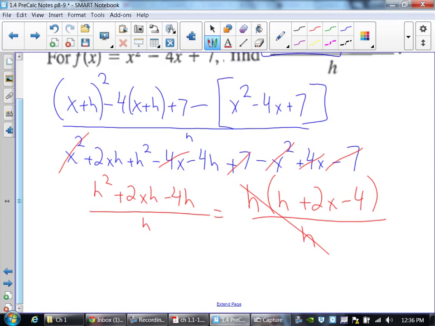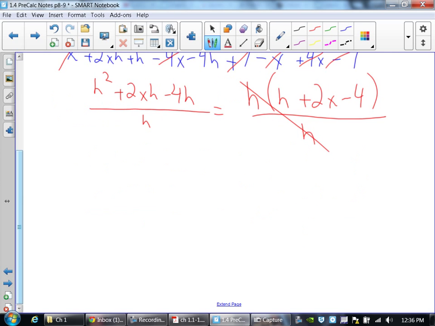So your solution for this whole thing winds up at, the technical way to write it would be 2x minus 4 plus h, put the h at the back end. Any combination is fine. Okay?